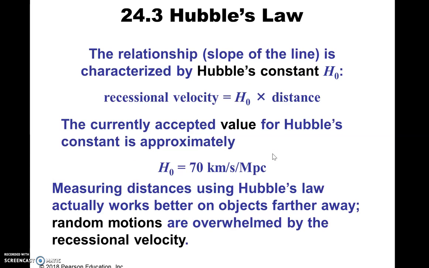I think it's 24.2, and you just use that table because they've already done the calculations using the theory of relativity. So really, all you have to know is what the redshift is, and then you can figure out what the recession velocity is. And the recession velocity will never get above the speed of light. It'll get really close to the speed of light, but it can never be above the speed of light.